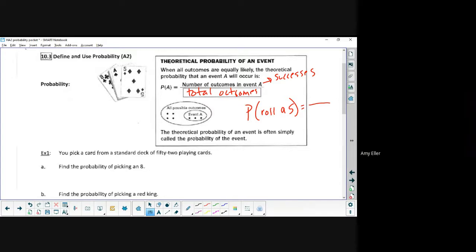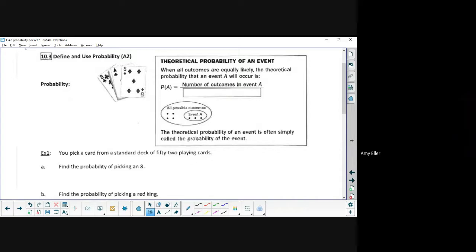How many total outcomes are there on the dice? 6. How many of them would be a success for me? Just that one 5. There's only one 5. So your normal probability, your success is what you're looking for, what it's asking you about, how many times that will happen over the total. Theoretical probability of an event is often simply called the probability of an event.